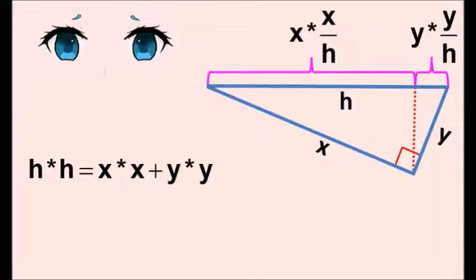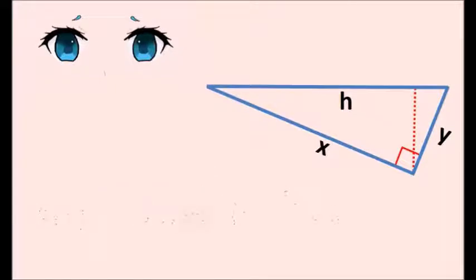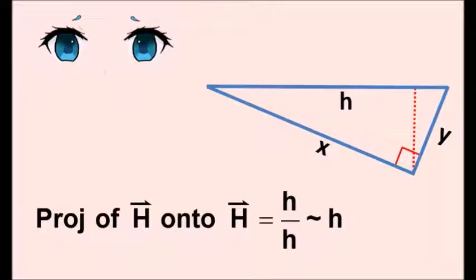Now, for the grand finale. Let's see if we can do this whole thing in 1 blink. Try following along. First, note that the ratio for h's projection onto itself is h over h, which is proportional to h. Likewise, the ratio for x's projection on h is x over h, which is proportional to x, and y's projection ratio on h is y over h, which is proportional to y.